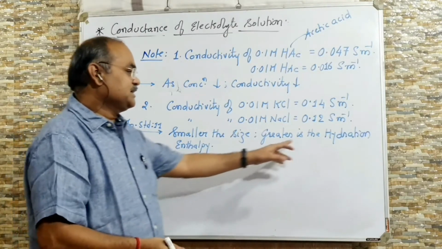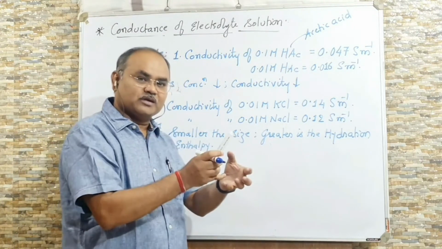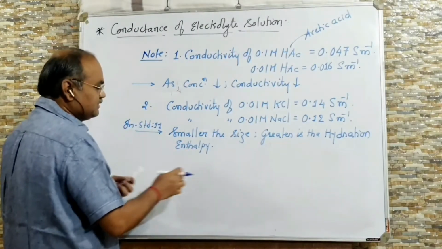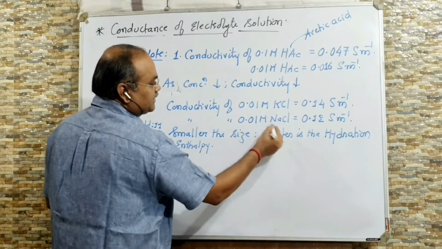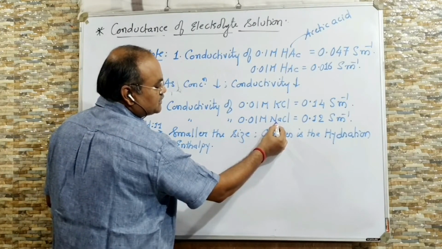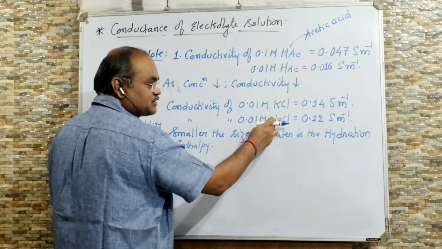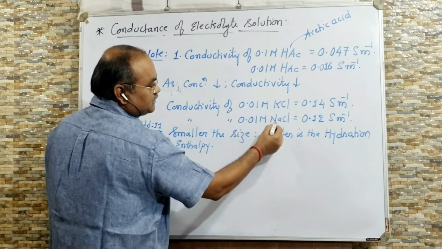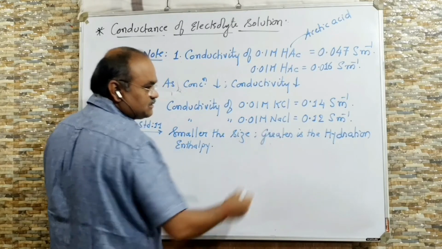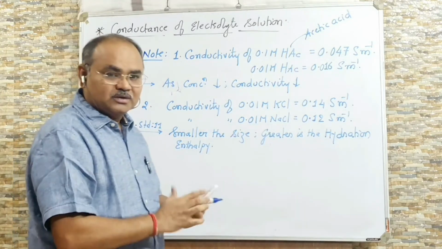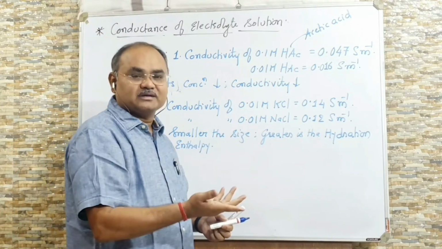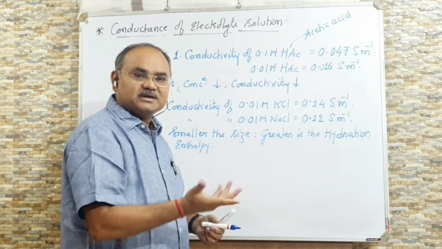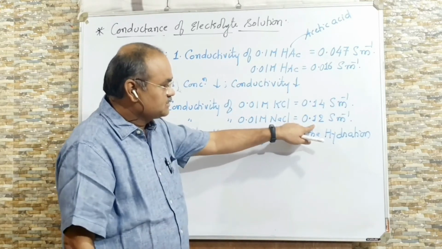If hydration enthalpy is more, more water molecules will be attached, right? So here the size of Na is small, so more water molecules will be attached to it. If more water molecules are attached and the size increases, the movement of ions in solution decreases. If movement decreases, conductivity decreases.